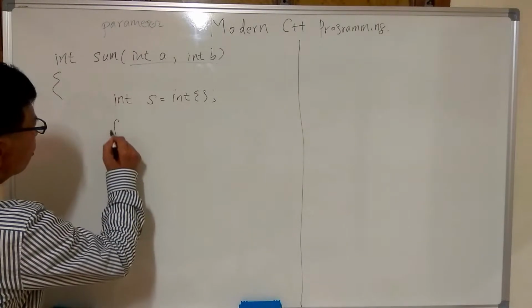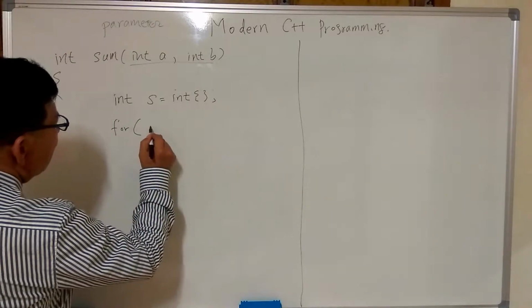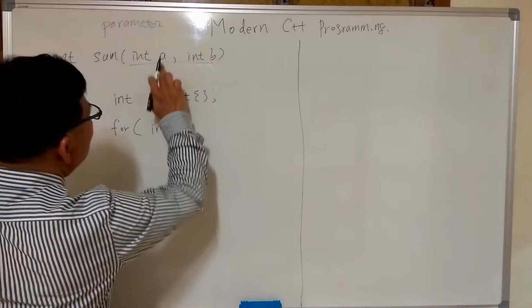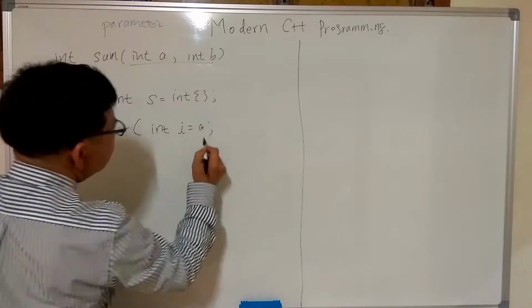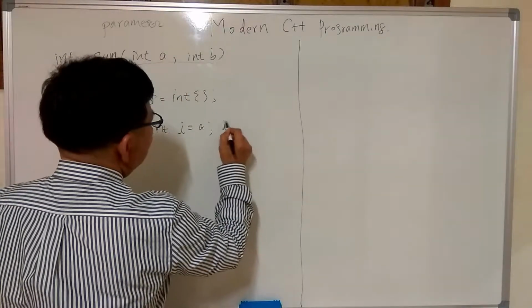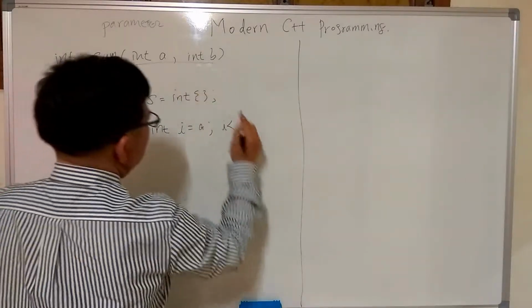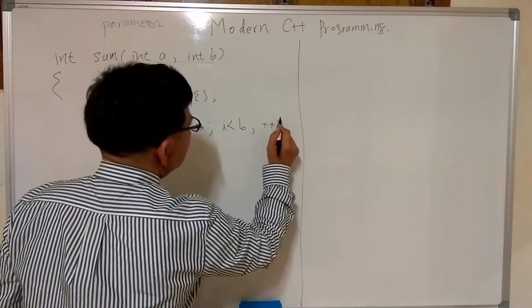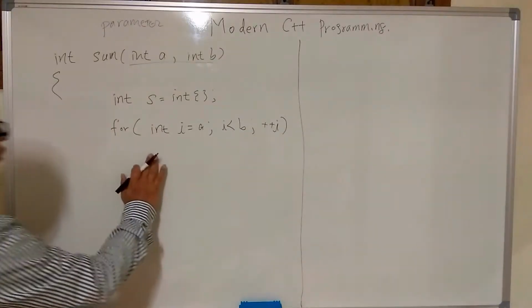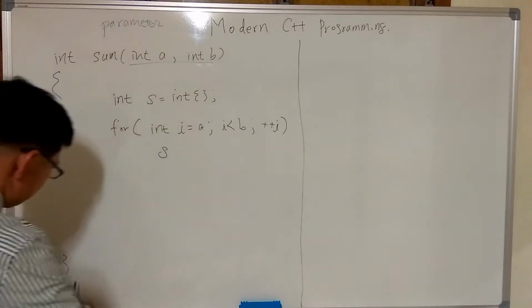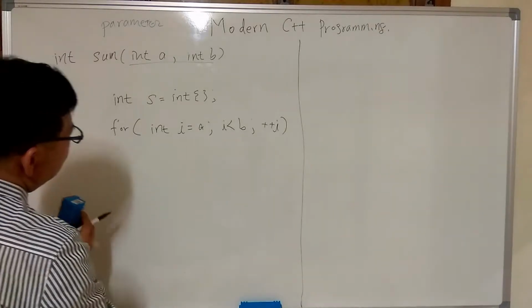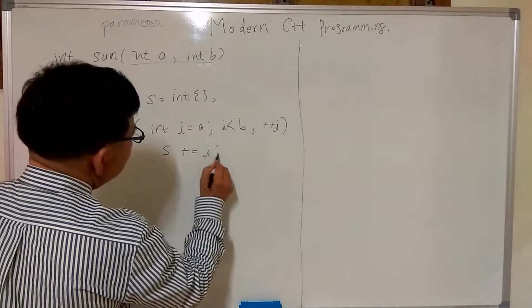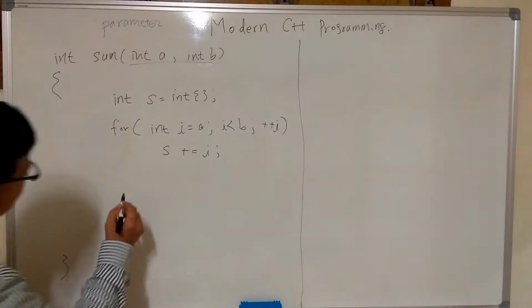Then we are doing a for loop: int i = a; i less than b; then plus plus i, like this. Then here we add up S plus i, like this.